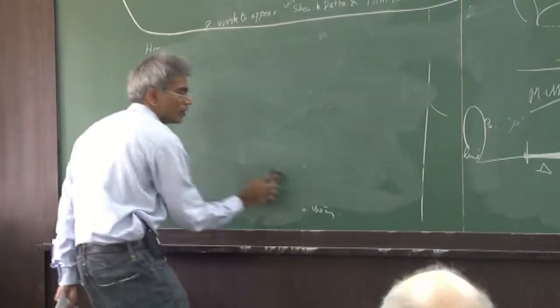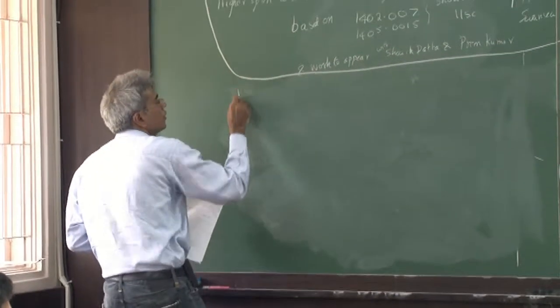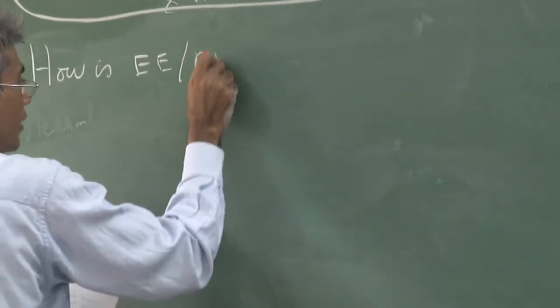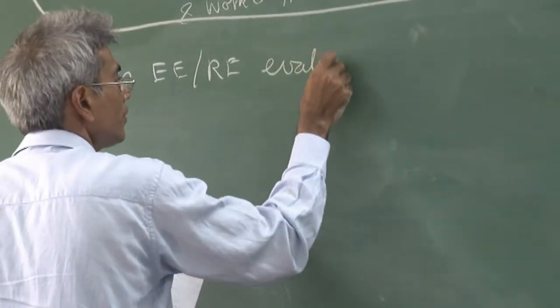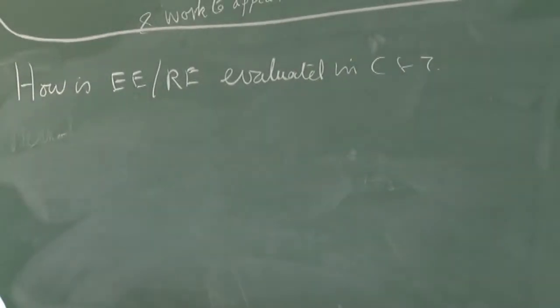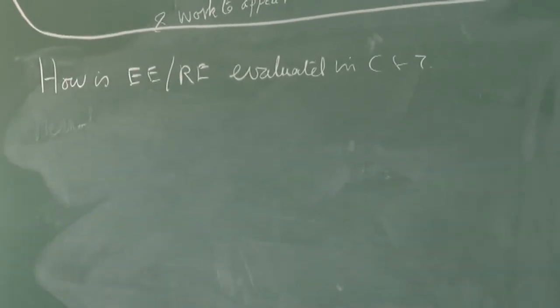So let me sort of review how EE and RE are evaluated in CFT. It's basically the replica trick, and I will go through the pictures which Rob Myers drew, but slightly differently.